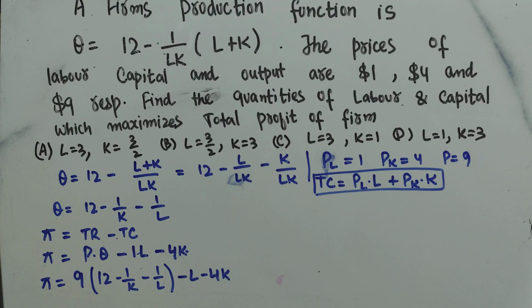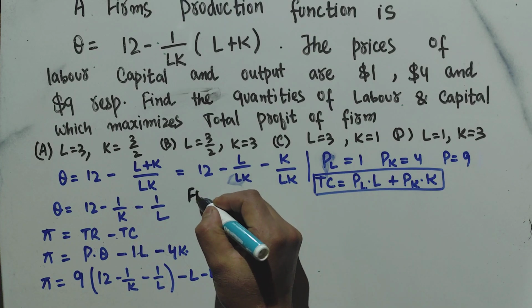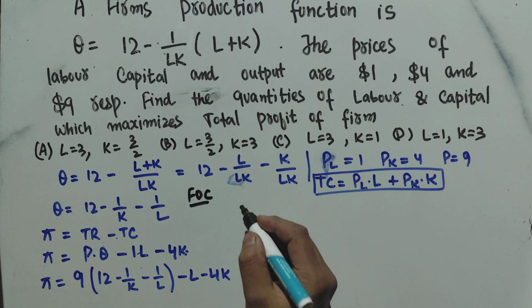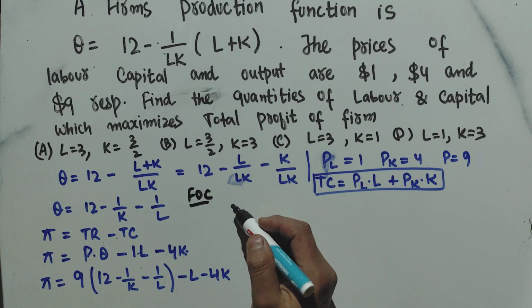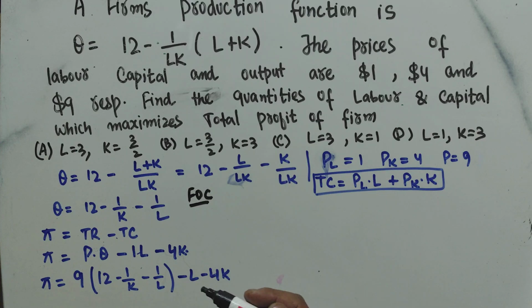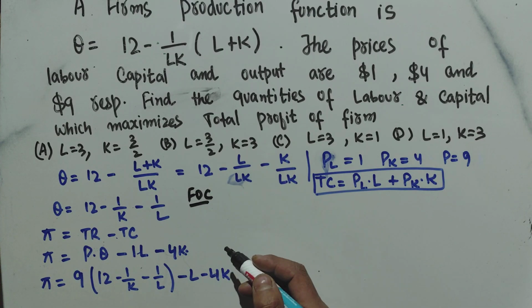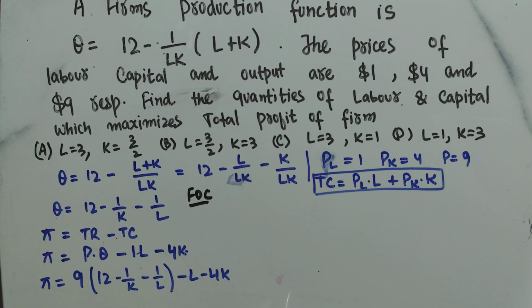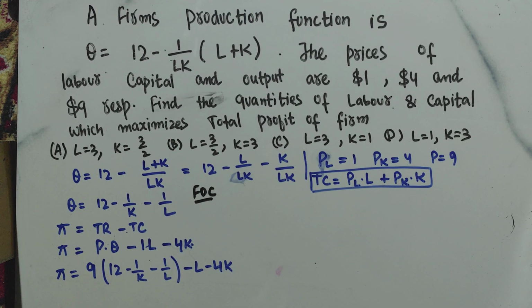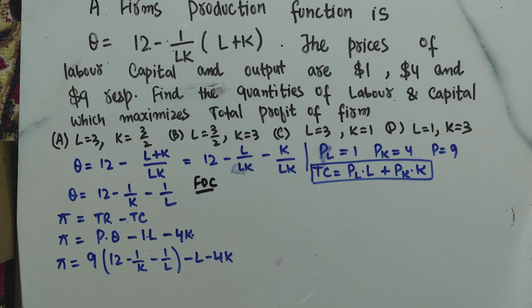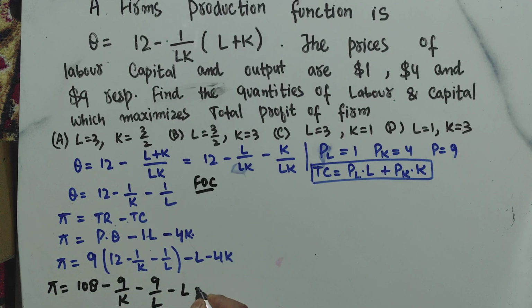Now we know that the first order condition for profit maximization is that the marginal profit with respect to each input should be equal to 0. Let me create more space here. If I rewrite the profit function, it will be 9 into 12, which is 108, minus 9 upon K minus 9 upon L minus 4K.